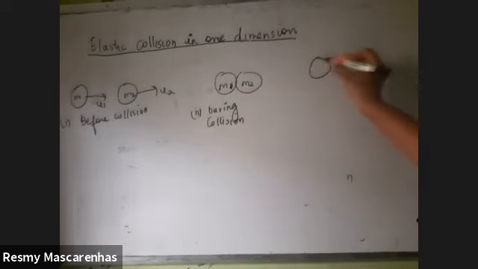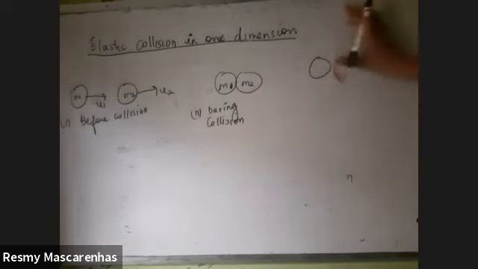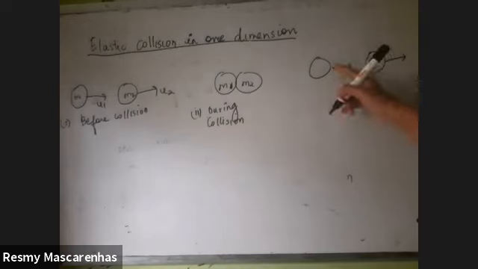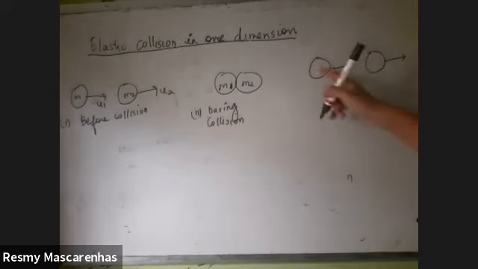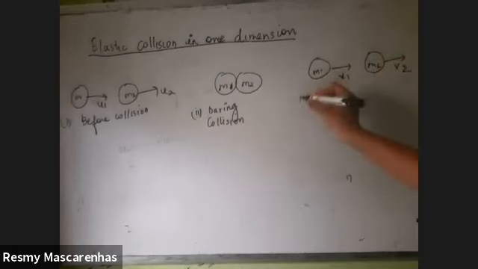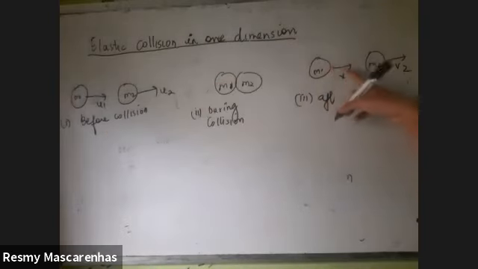And then the third one, after collision. They can go again back in the same direction also, no problem. M1, M2, this is v1, this is v2. This would be after collision. After collision, definitely the speed will be different.